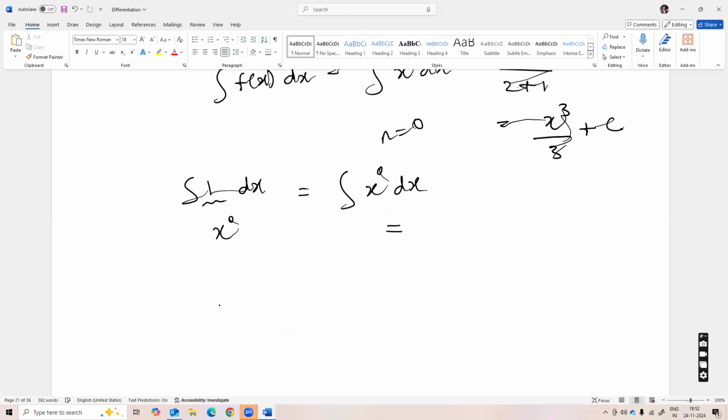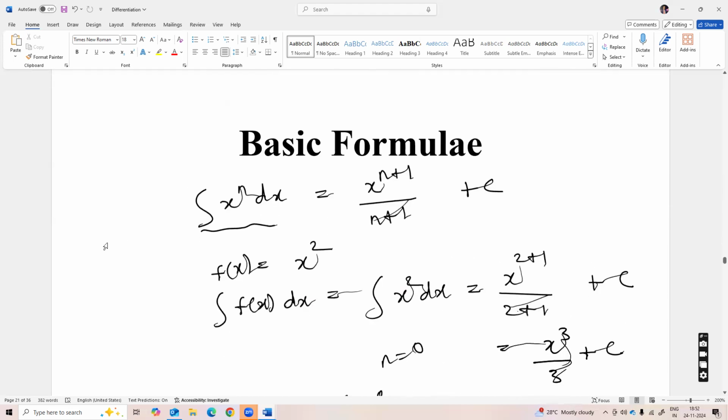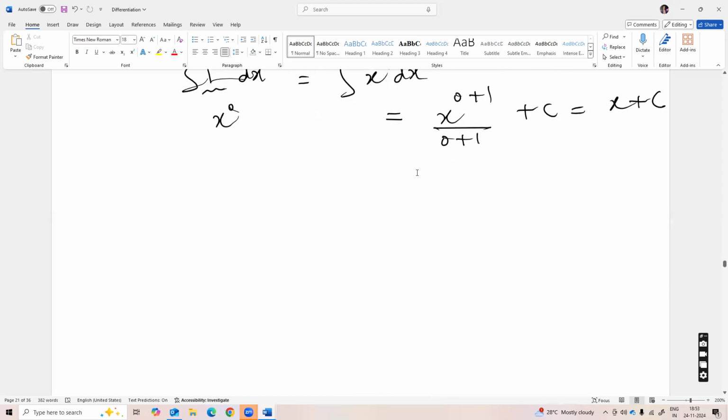Its integration can be given as x to the power 0 plus 1 divided by 0 plus 1 plus c, which is equal to x plus c. One thing you should note down is that this formula is not valid when n is equal to minus 1. For all other values, this formula is valid.